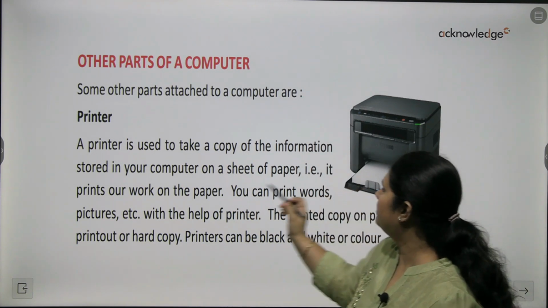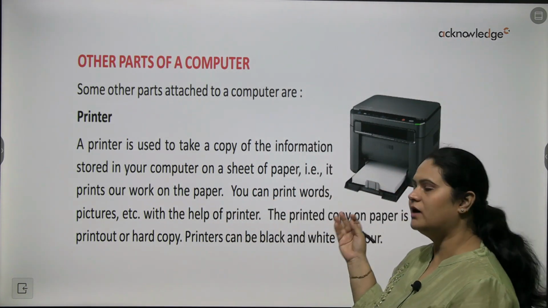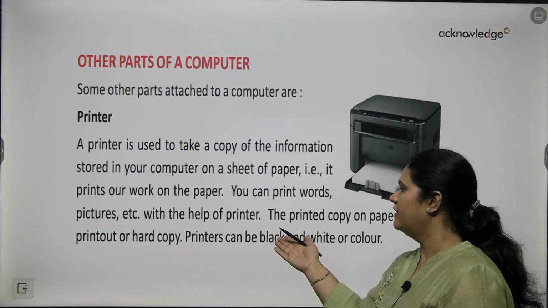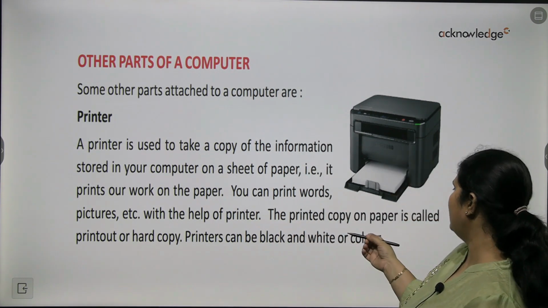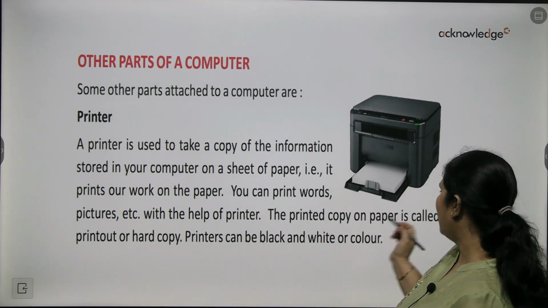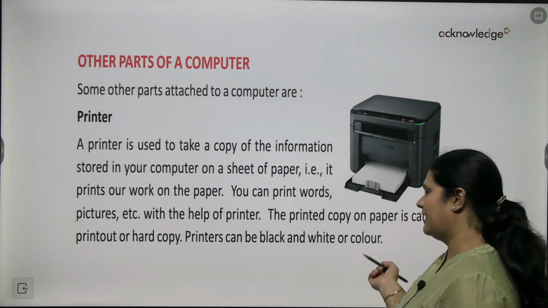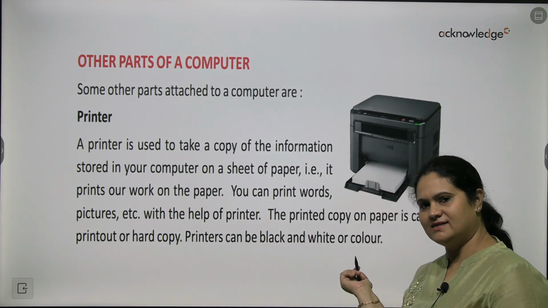Correct? It prints our work on the paper. You can print words, pictures with the help of a printer, and the printed copy that you get is called a hard copy. Correct? And these can be black and white or colored printers as well.